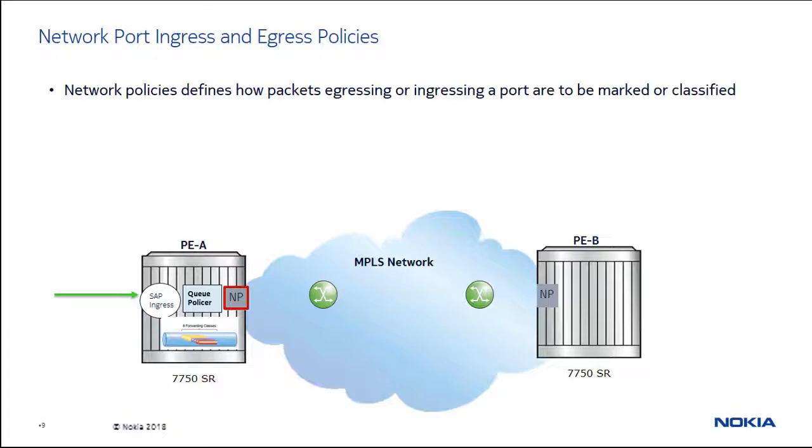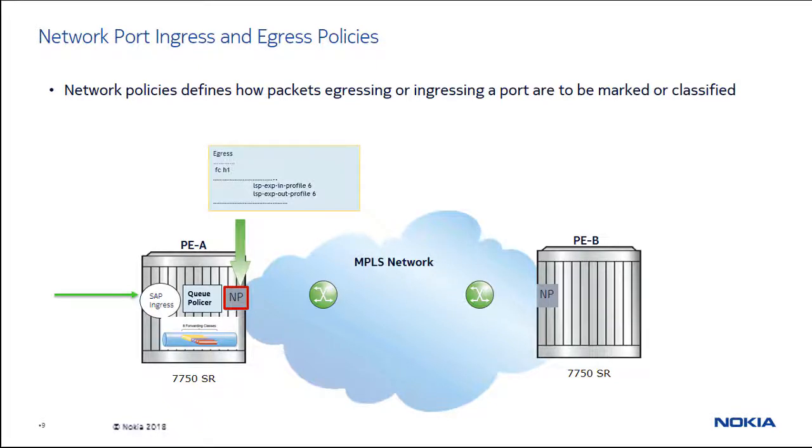This is to ensure that downstream Nokia 7750 service router will classify the packets into the correct forwarding classes upon arrival. When a packet is received from the fabric and is about to be scheduled out the egress network port, the egress network policy is used by the port to mark packets with .1p bits if there's a VLAN header, DSCP bits if traffic is only IP traffic, and EXP bits if MPLS encapsulation is used.